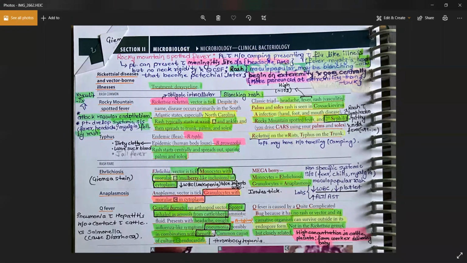So initially they are the maculopapular rash, and then the rash became the petechial type of rash. Okay, reddish spots that you will see all over the body. Why? Because they're affecting your endothelium, that leads to the leakage of blood. Okay, and that's why you will get the petechial rash later. Okay, and that begins at the extremities, goes to the central part of the body.